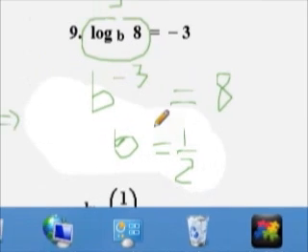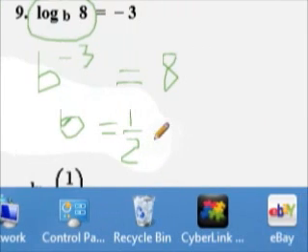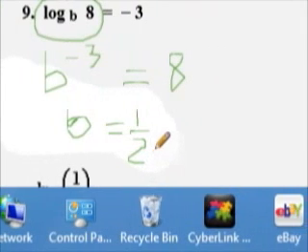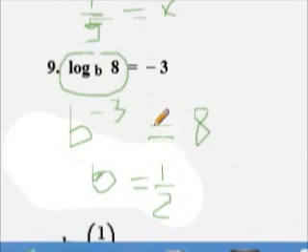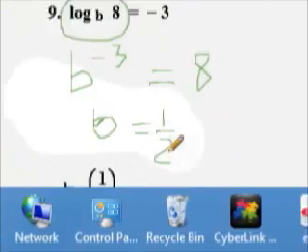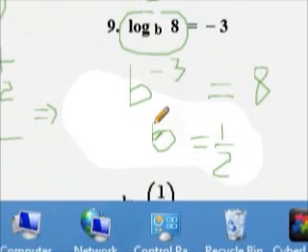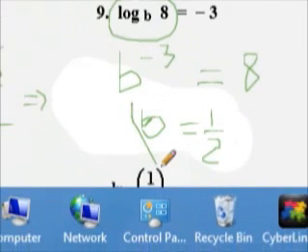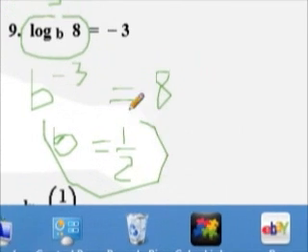If you have 1/2 raised to the power of -3, you're going to get 8, since 1/2 is 2 to the power of -1, and -1 gives you the power of 3. So b here equals 1/2. That's the value of b.